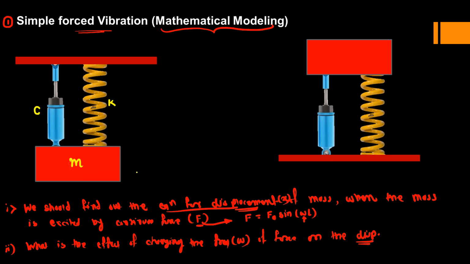Okay. Now just imagine this mass is being excited by an external force. So this is the external force whose equation is F is equal to F0 sine omega t. Okay.